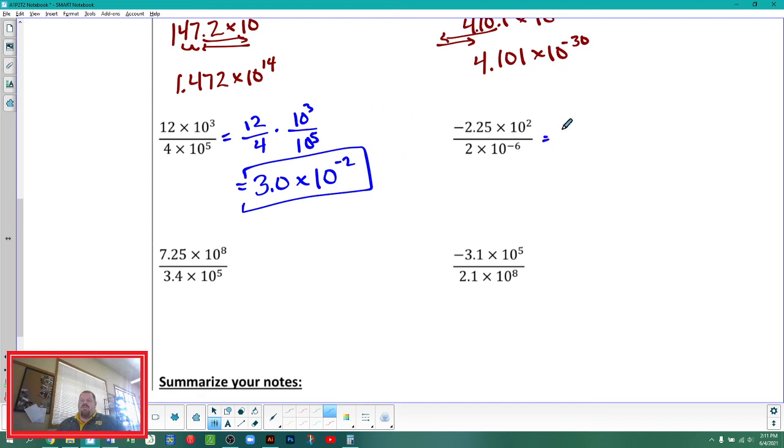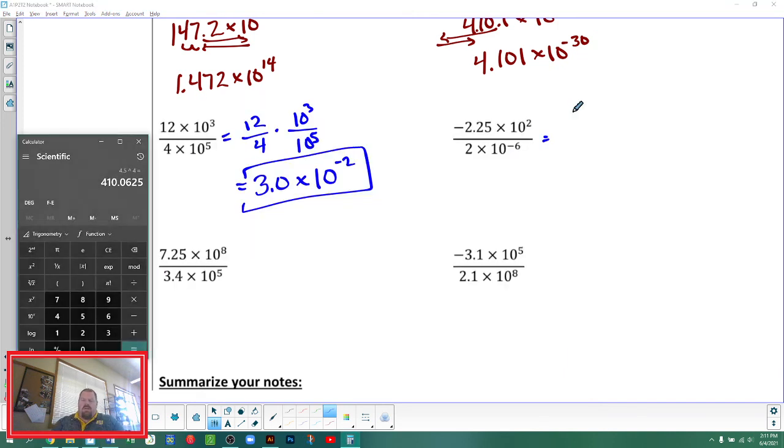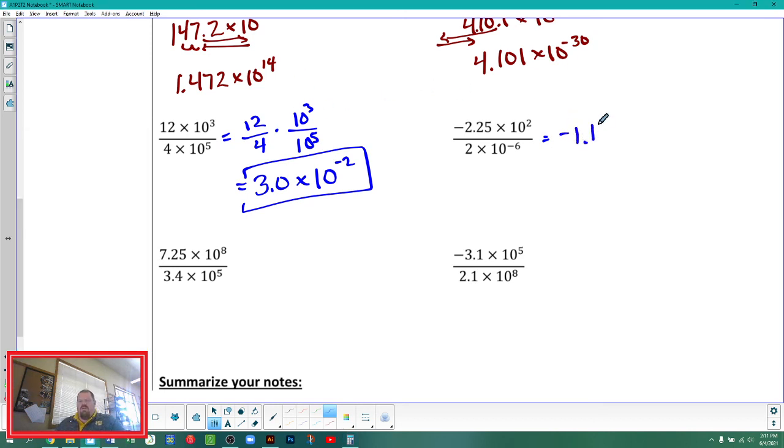Okay, the next one, number divided by number. I'm going to look at 2.25. I know it needs to be a negative, so negative 1.125. And then times 10 to the 2 minus negative 6. 2 minus negative 6 is 2 plus 6, which is 8.